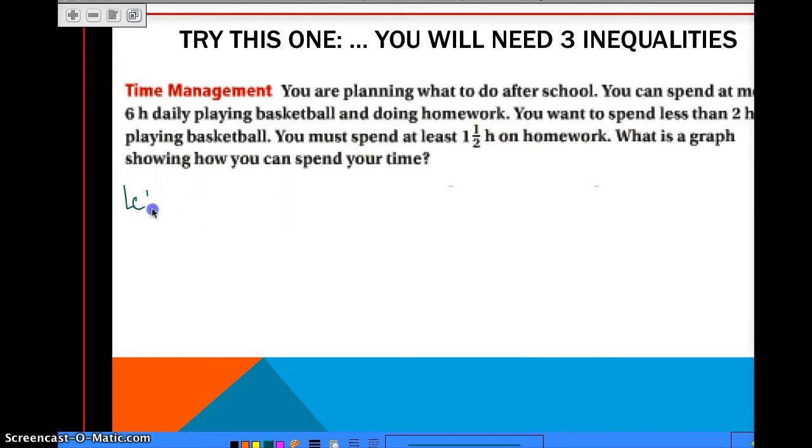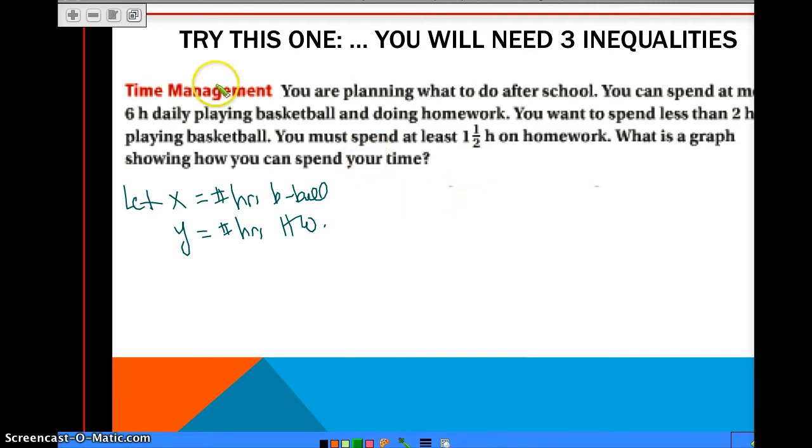So let's go ahead and let x equal the number of hours for basketball, and we'll let y equal the number of hours for homework. So that means the 3 inequalities are going to be in here.